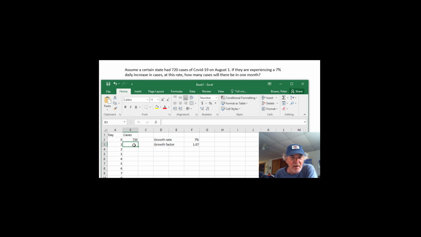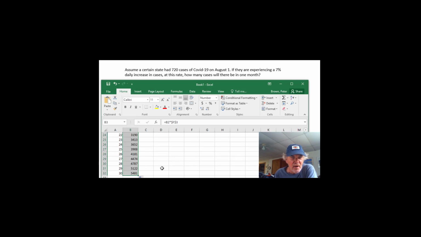And I would do that by going, I want 720 cases, multiply that by 1.07 and lock that. And I'm going to get 770 cases on day 1. And then on day 2 all the way to day 30. So I can just pull this down, day 1 all the way to day 30.